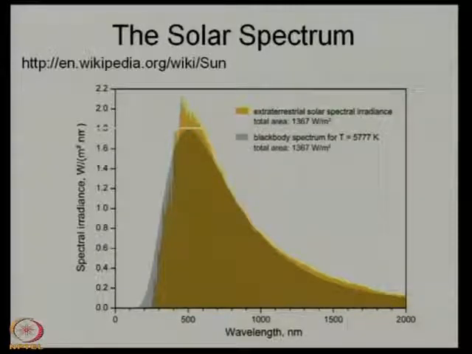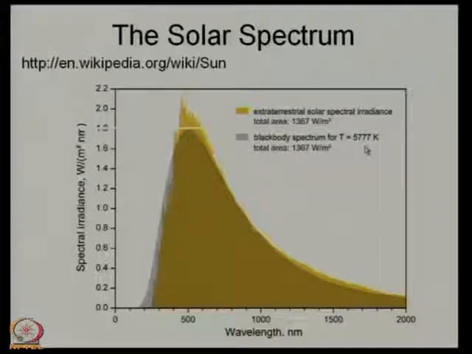Let us take a look at this picture. This is the source from where this picture was taken, and the maroon thing over here is the measured solar spectrum, and the gray thing over here is a black body curve, a Planck spectrum, at 5777 Kelvin, close to this 5800.